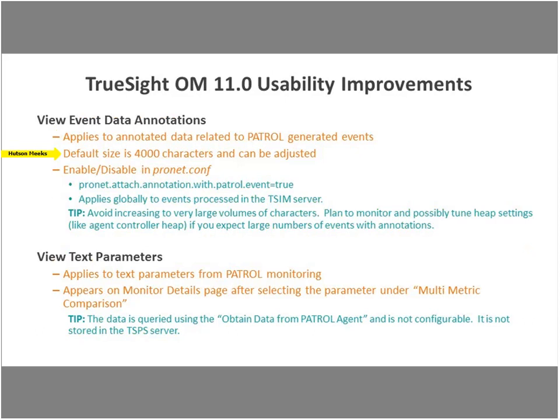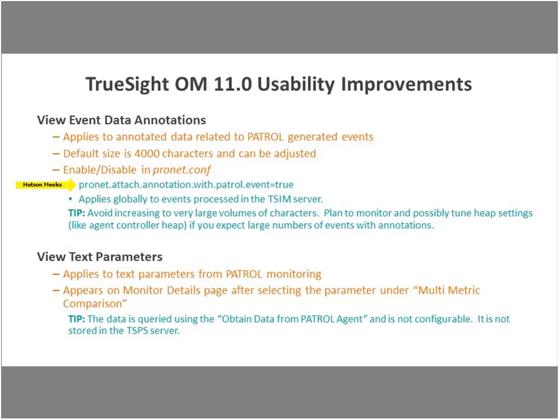The default size of that entire data chunk that you may be viewing is 4,000 characters, and it can be adjusted. You can also enable and disable this capability in the pronet.conf configuration of the TSOM servers. Here's the actual parameter or setting that you would configure.